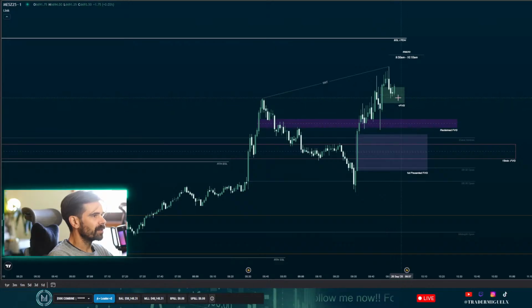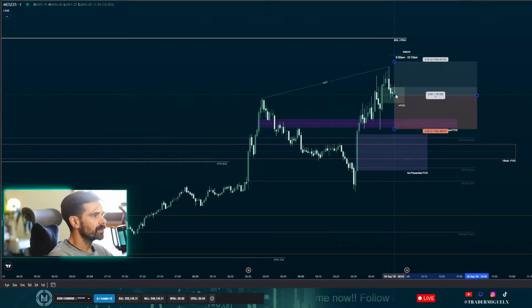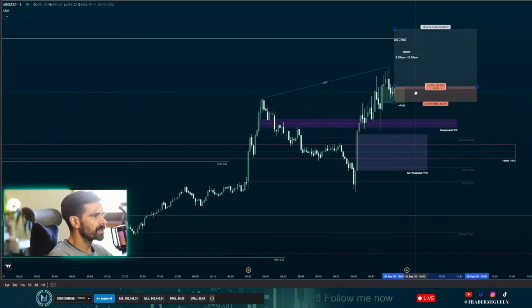Nice reaction here on this fair value gap. So this could be some sort of a long position here. But I will not take it. It's not worth it.